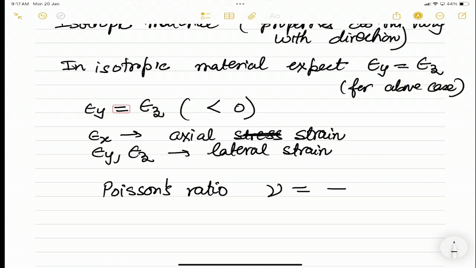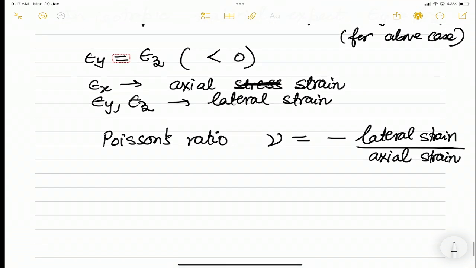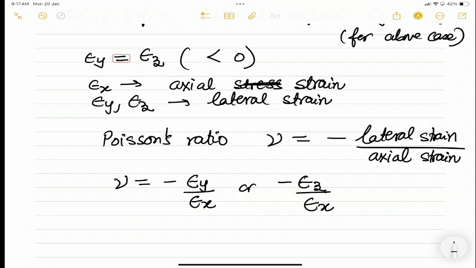This is equal to minus of lateral strain divided by the axial strain. So in this example, nu will be equal to minus of epsilon y by epsilon x, or minus of epsilon z by epsilon x.